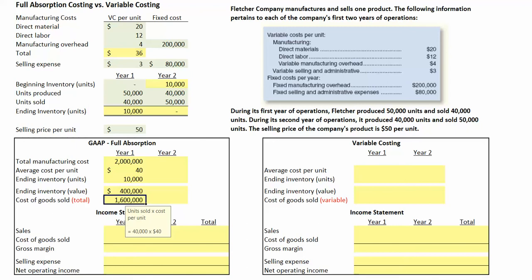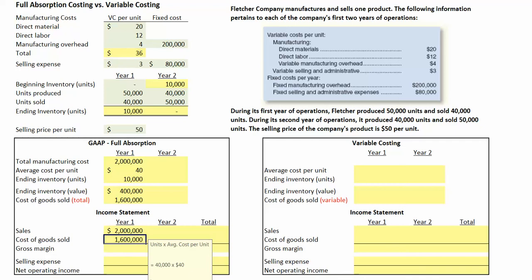Moving on then to our income statement, we're told that sales in the first year were 40,000 units. 40,000 units times the selling price of $50 per unit gives us $2 million in revenues. Our cost of goods sold is again simply our $40 average cost per unit times the 40,000 units we sold, or $1.6 million.